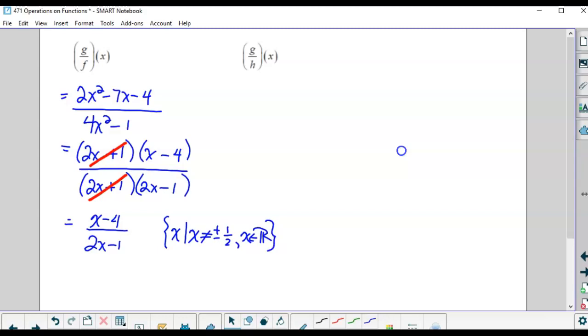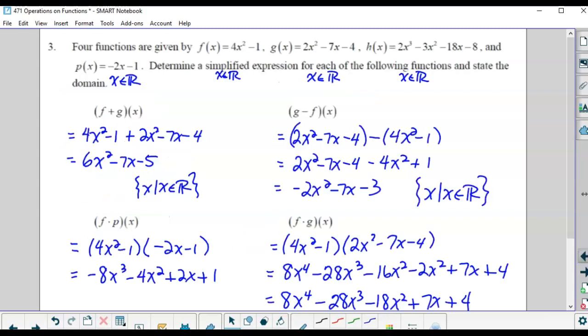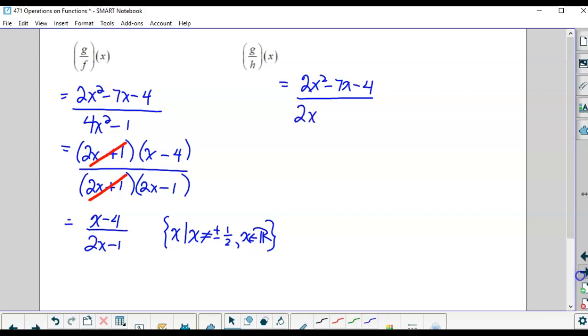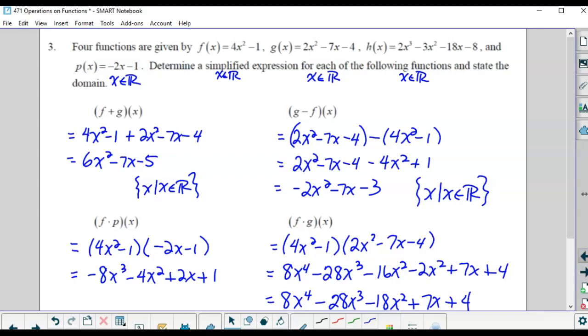Okay, and then this one here, g, same g, and what's h? Forget h. 2x cubed minus 3x squared minus 18x minus 8.